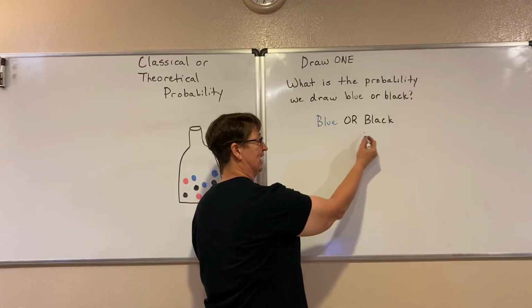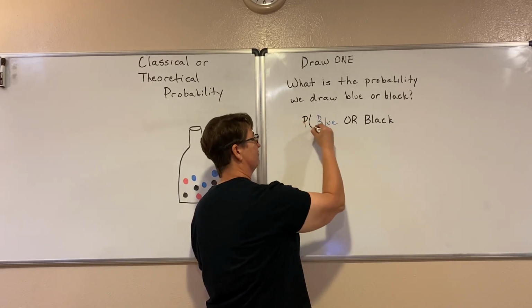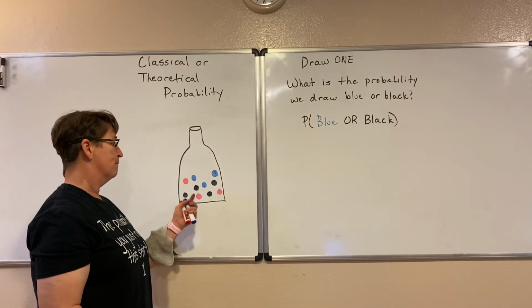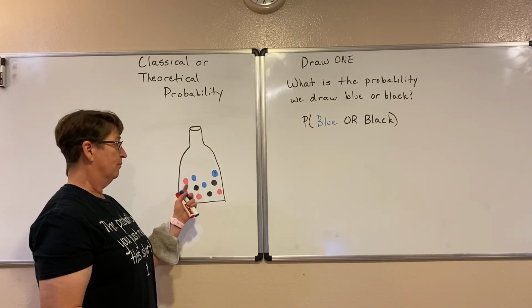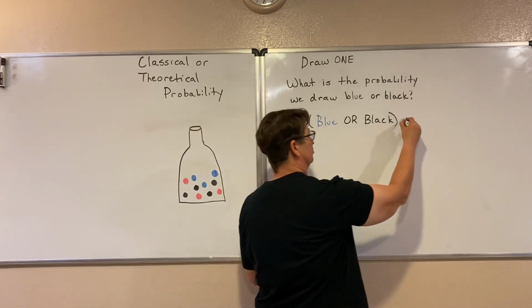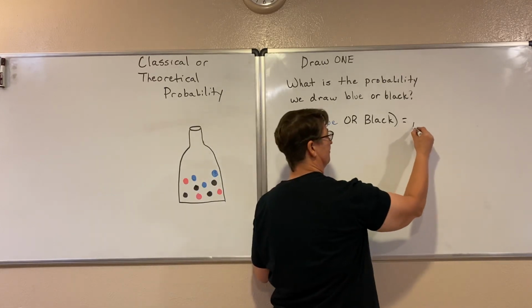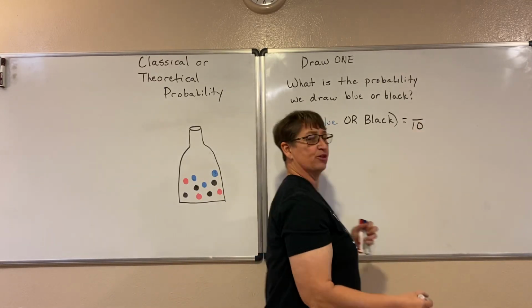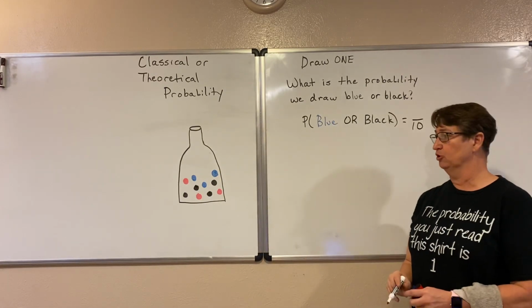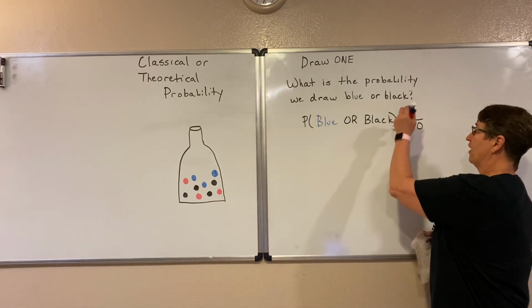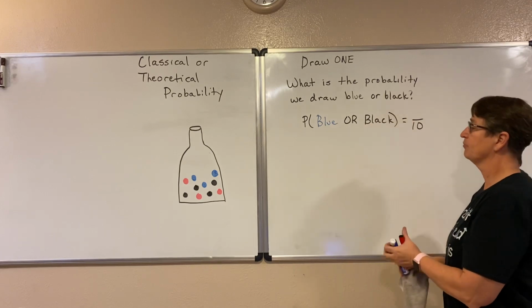So here, what is the probability? Now that I've got it written down into words, now we can find the probability. So what is the probability that I get a blue on the draw? Well, again, what I do is I put the total number in my denominator, and then I look for the number of ways that I could draw a blue ball. Well, there's just 3 in there, so that 3 is my numerator.